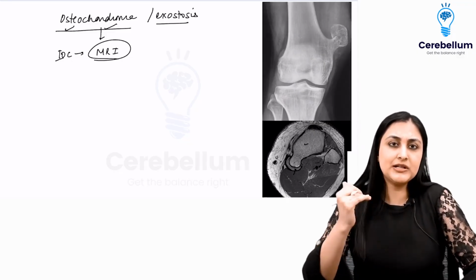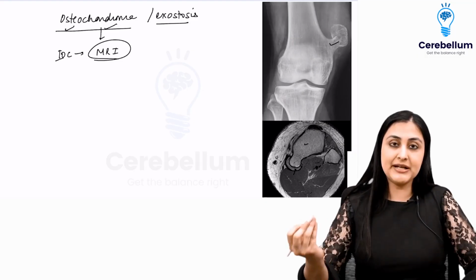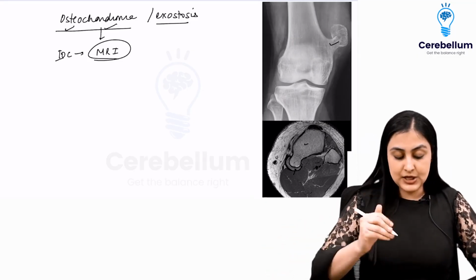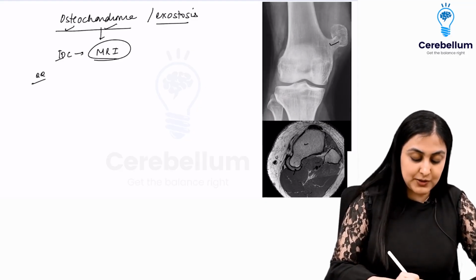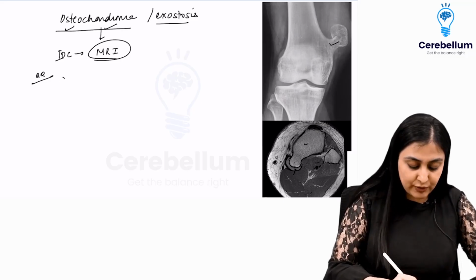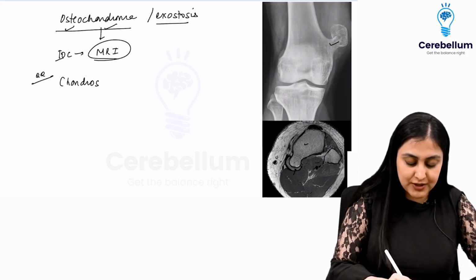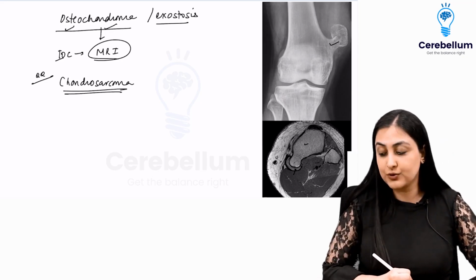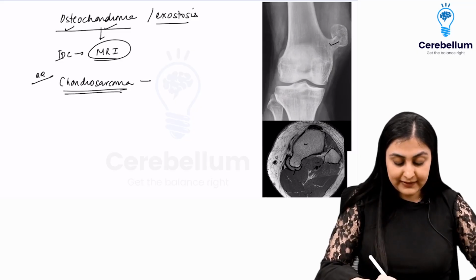So now a question will arise in your mind, if I'd already made the diagnosis, why see the cartilage cap in the first place? So that is what is very important, that osteochondroma has a risk of developing into chondrosarcoma. It doesn't develop osteosarcoma, but it develops chondrosarcoma, and to diagnose it, I have to see the cartilage cap thickness.